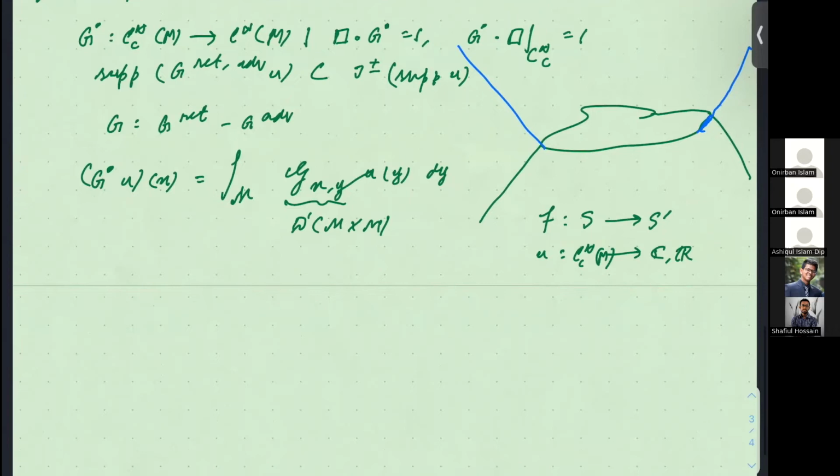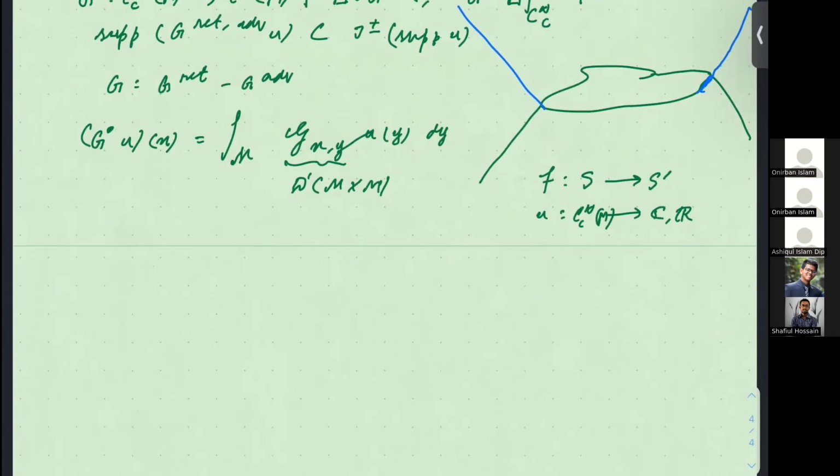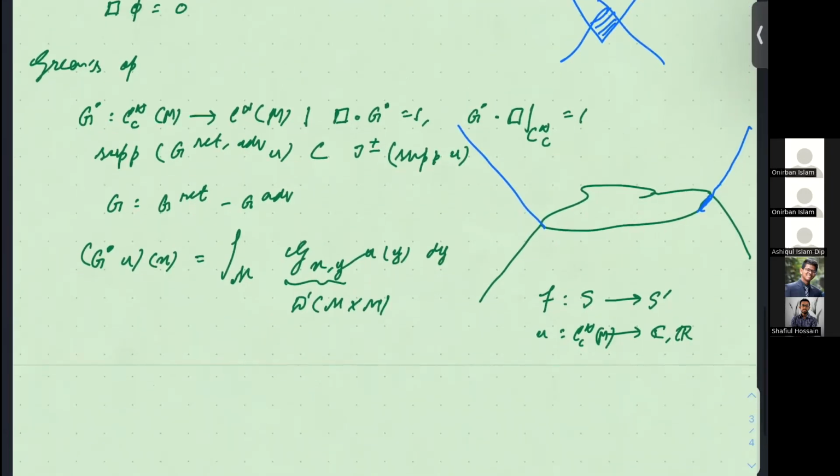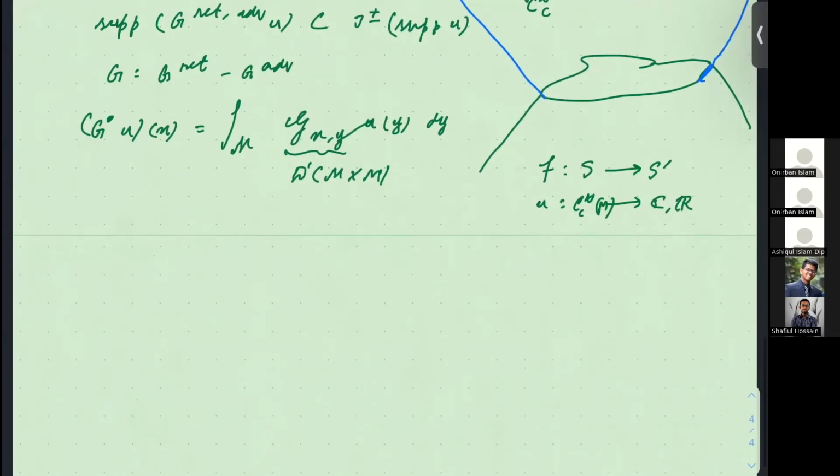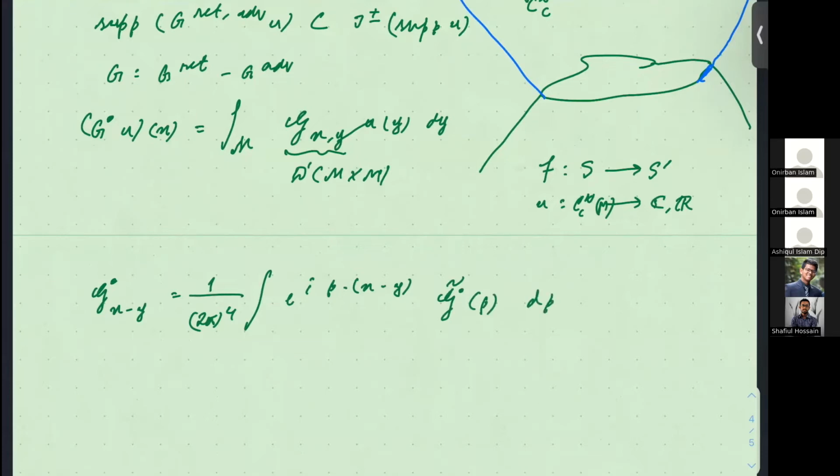Now why is this important? Let's go to the Minkowski case. How do you solve the wave equation in Minkowski? We do a Fourier transform. We write G, it can be advanced, retarded, whatever, of x minus y, as 1 over (2 pi) to the power 4, depending on your convention, integral of e to the power i p (x minus y) times g tilde, a function of p, dp.